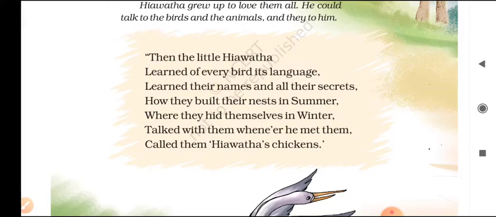Then the little Hiawatha learned of every bird its language, learned their names and all their secrets, how they built their nest in summer, where they hid themselves in winter, talked with them whenever he met them, called them Hiawatha's chickens.